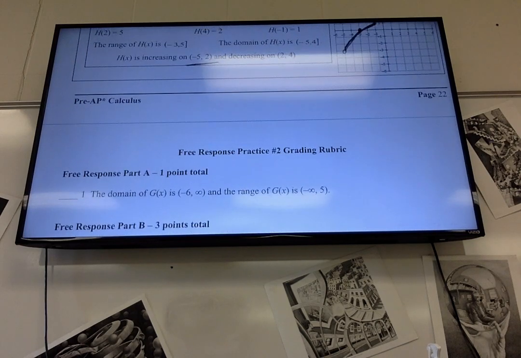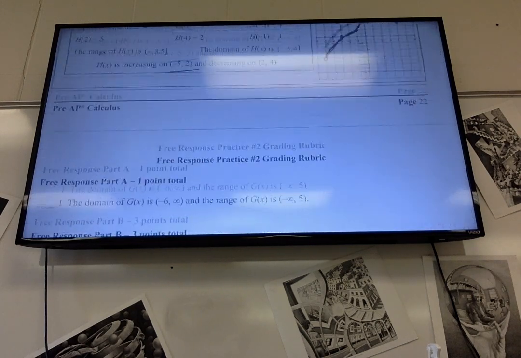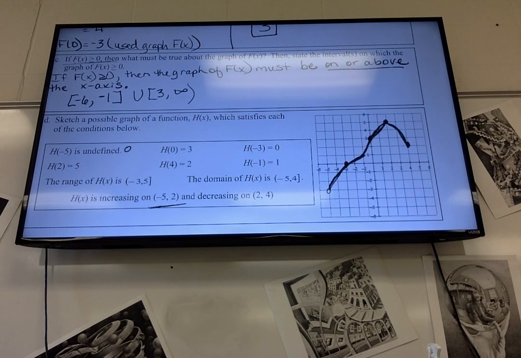Okay, so now we are going to start with our next section, which I forgot there was a part 2 to this section that I gave you.